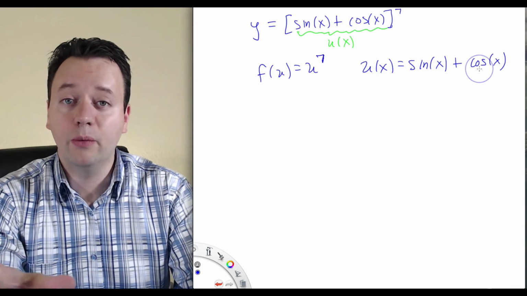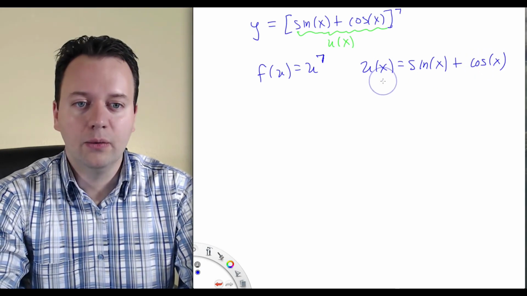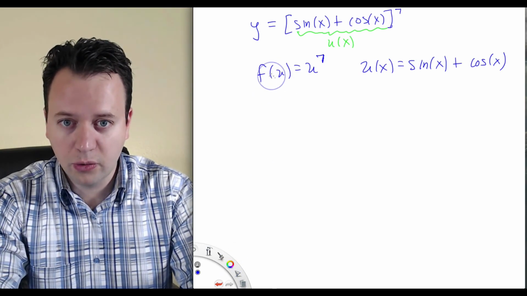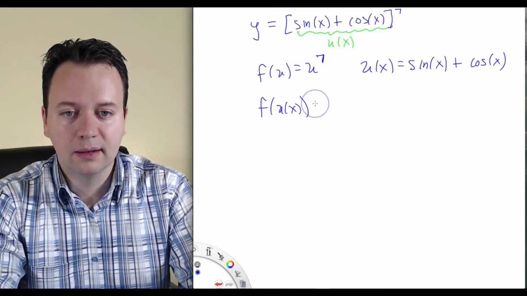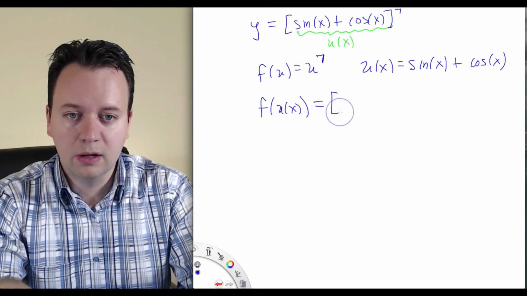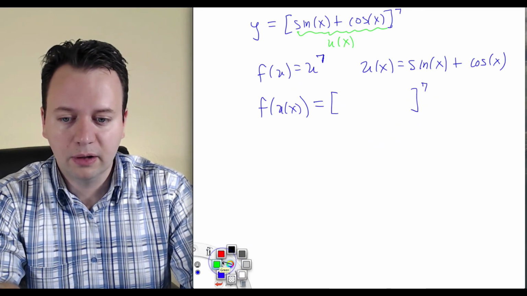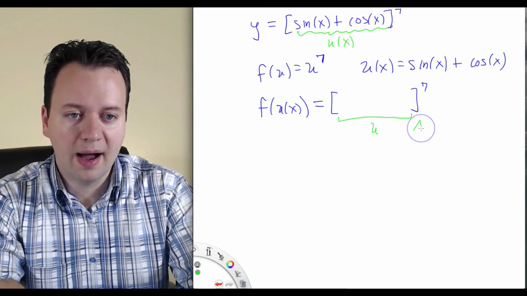Right? So then when we compose the two, f of u of x, we take u of x and we plug it in for u in the function f. So f of u was just u to the power 7. Right? So this is all u to the power 7.